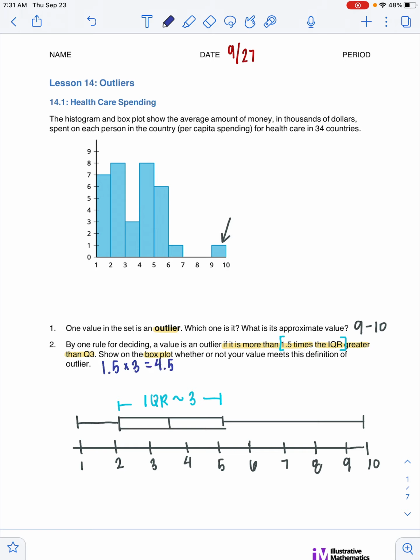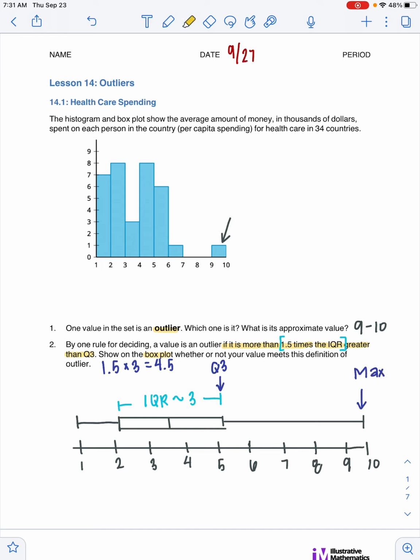Now the question is, is this outlier, which we can see is 10 based on the box plot, more than 1.5 times the IQR greater, so 4.5 greater than Q3? Well, Q3 is right here. And let's see. Is Q3 4.5 away from the outlier, which is also the maximum?